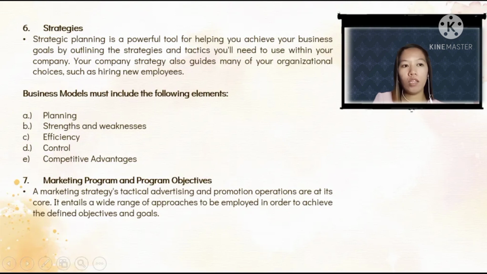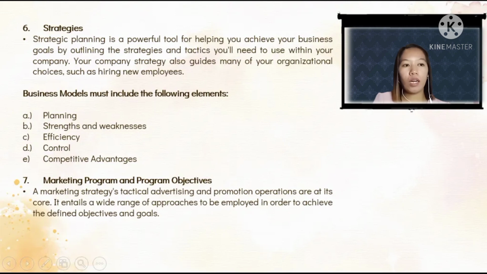Letter D, control. Developing a business plan offers you more control over the types of actions that will directly assist you in attaining your goals, as well as the ability to readily analyze if your activities are moving you closer to your goals. E. Competitive advantage.